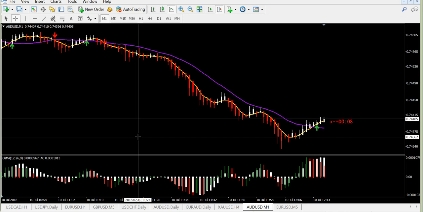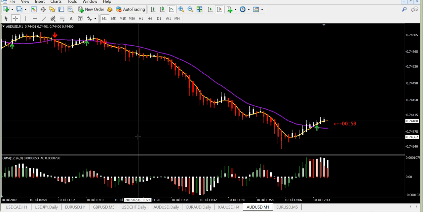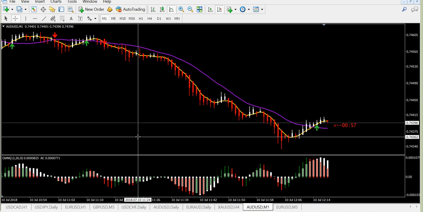So I explained everything, when you have to enter the trade, when you have to exit the trade. And the best for you is that it's not repainted arrow, so you can see the history trades, you can study, you can learn from the history examples.